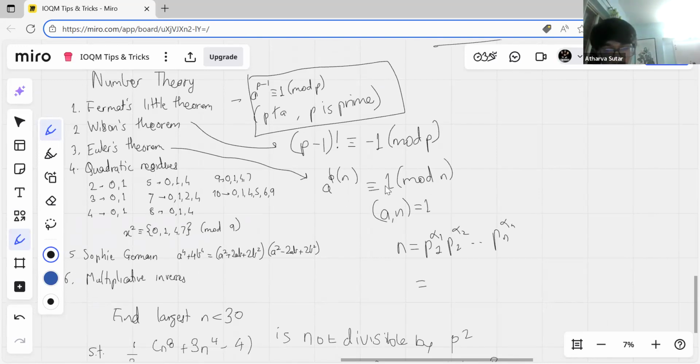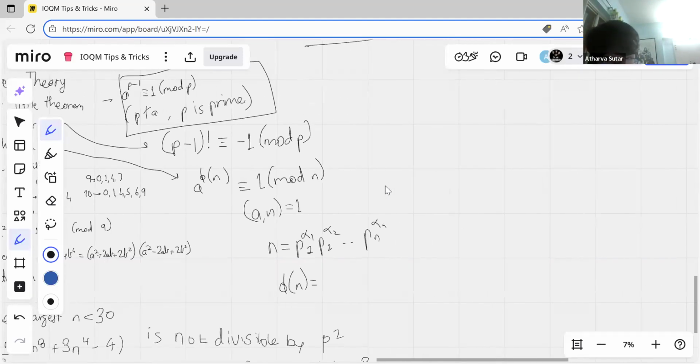Then phi of n is equal to p1 minus 1 by p1 times p2 minus 1 by p2 times and so on, times pn minus 1 by pn, times n. So this is phi of n.